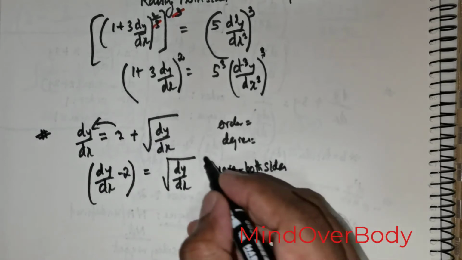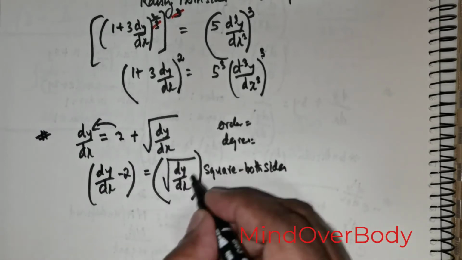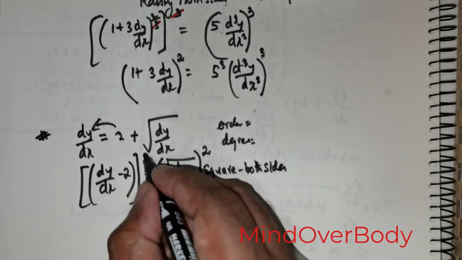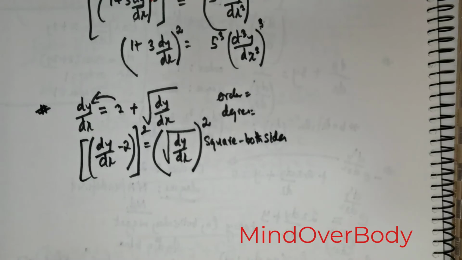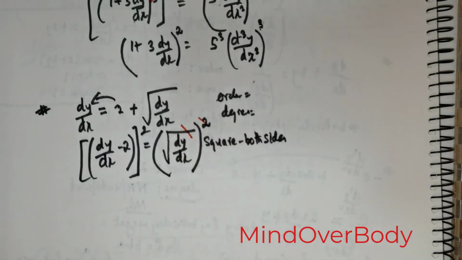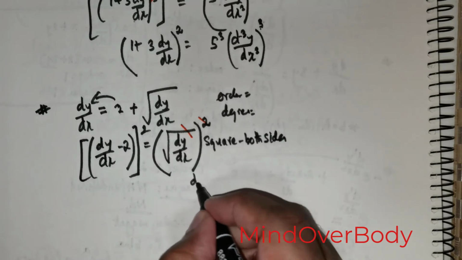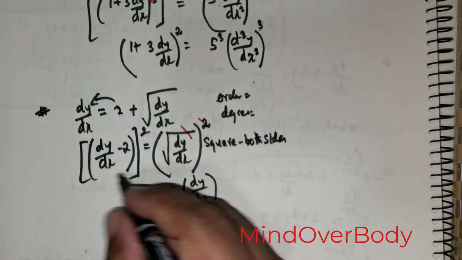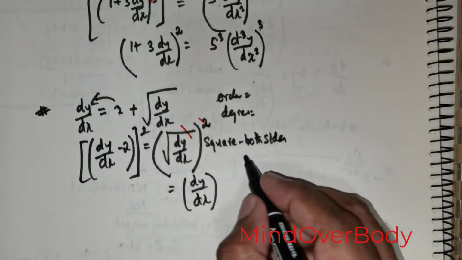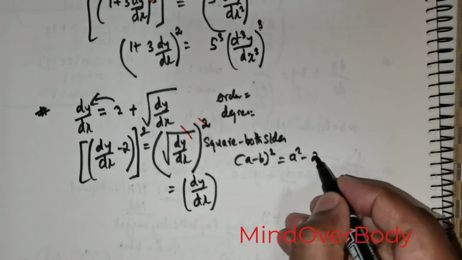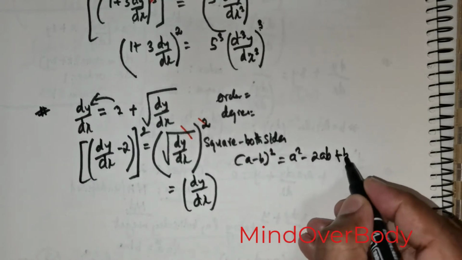So if I were to square both sides, this is going to be raised to the power of 2, and this is going to be raised to the power of 2. Now clearly you can see that the radical sign and the square get cancelled, leaving me with dy over dx. On the left hand side, this is a minus b raised to the power of 2, which is going to be a squared minus 2ab plus b squared.